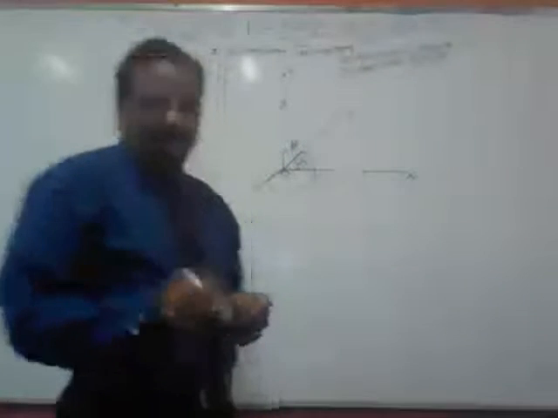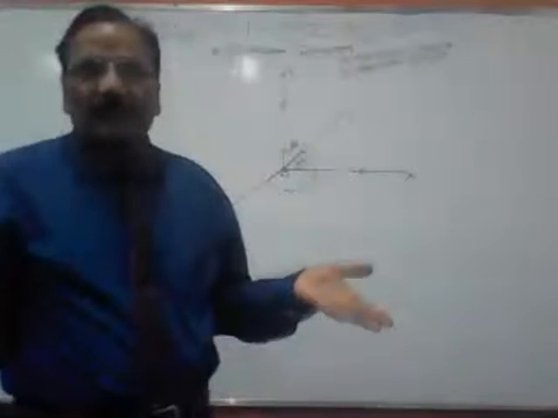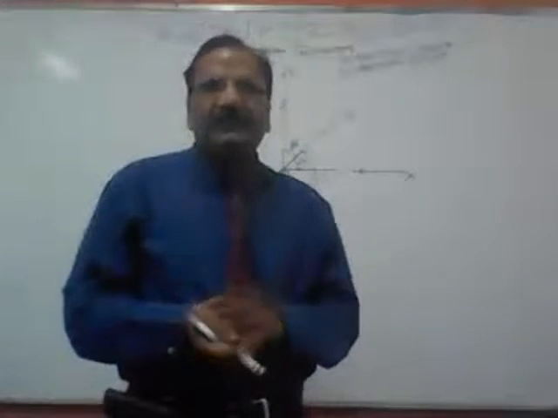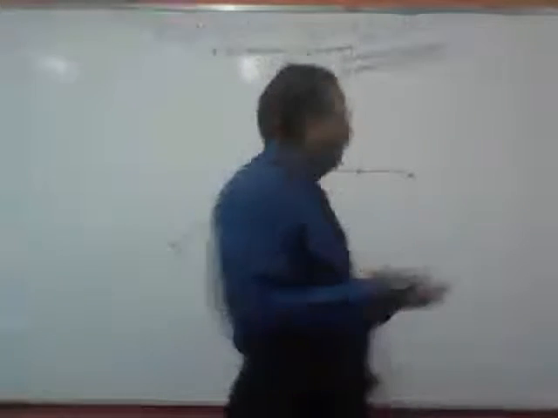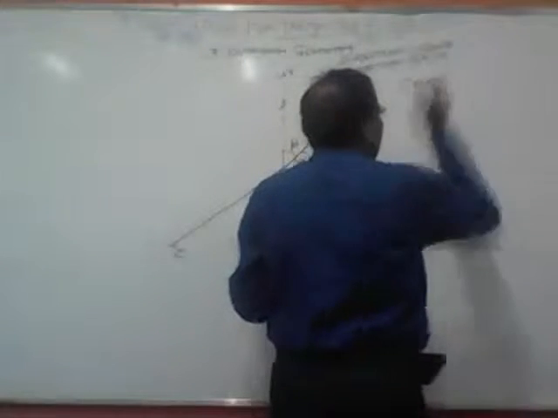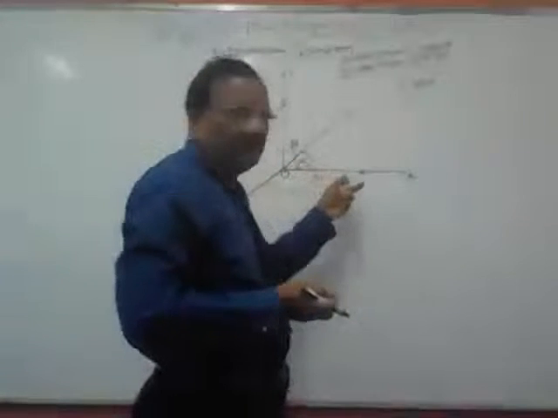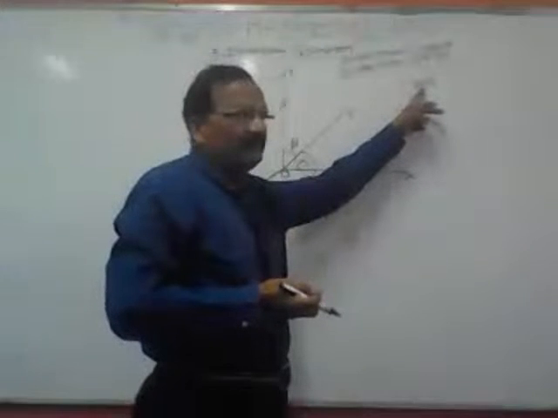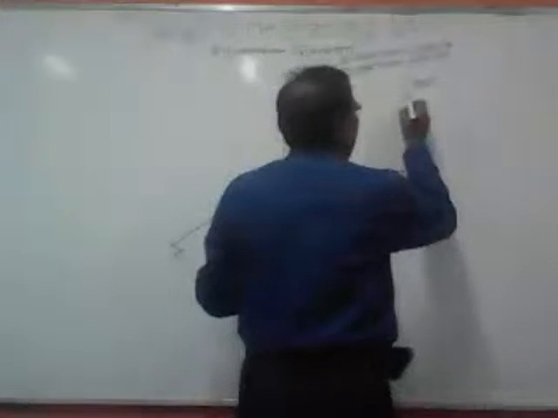When we place cos on these angles, it is called the directional cosine. Cos alpha is the directional cosine with the x-axis.